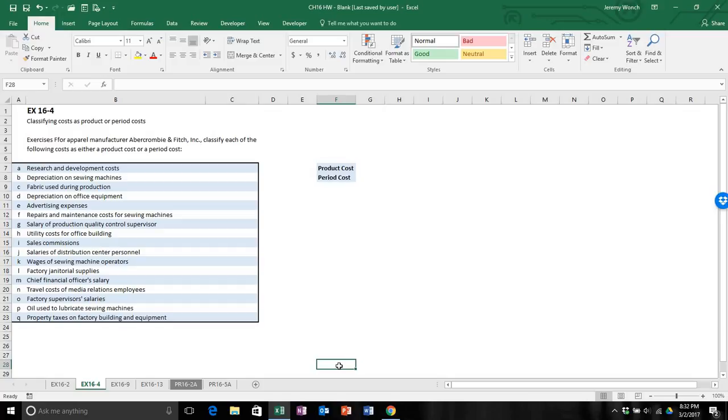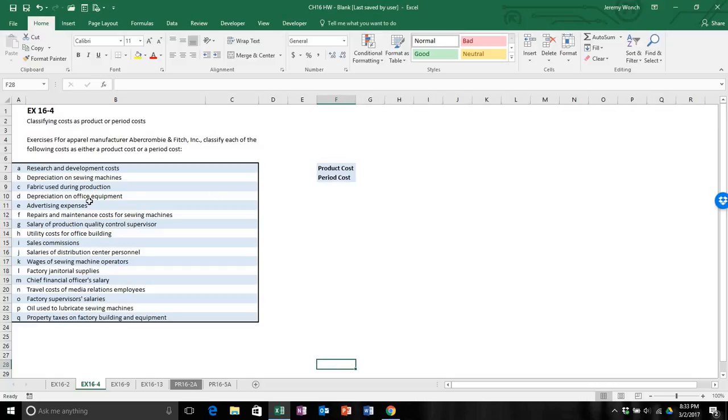These product costs are going to be our direct labor, our direct materials, factory overhead, that type of thing. Then we have period cost. Instead of going into inventory, period costs are going to be expensed as incurred. These are going to be things related to the cost of selling an item, not the cost of making it, but the cost of selling it, or it can even be administrative cost.